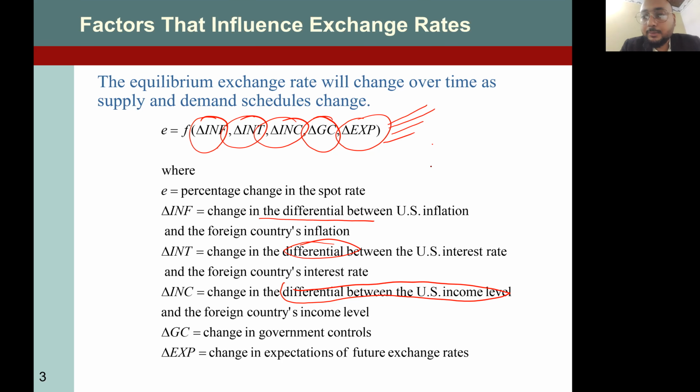If you are making the timeline here, for example, you are standing at this position, and the future expectation is like here, on, for example, the third month. So based on the future, you decide right now.